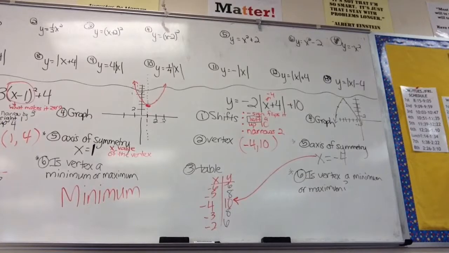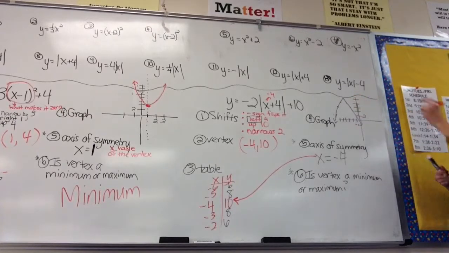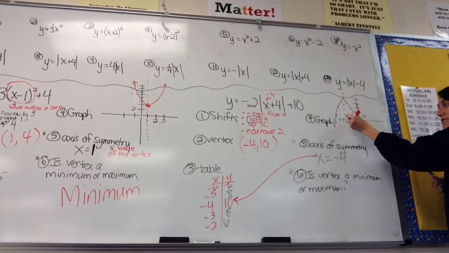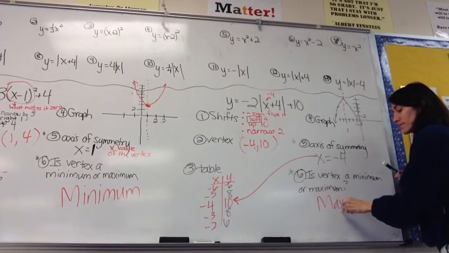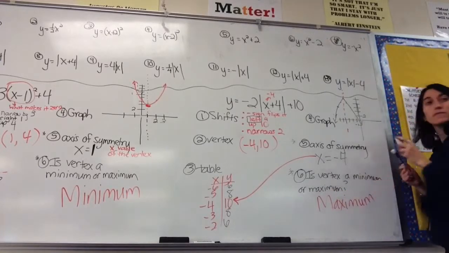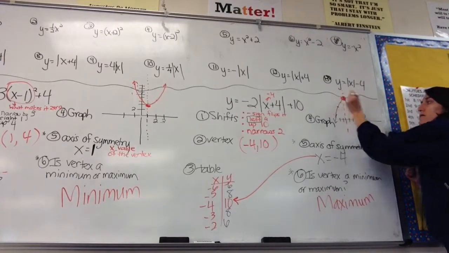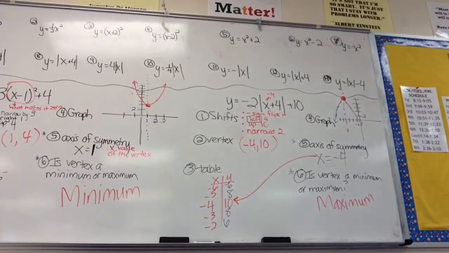You look at your graph and find the vertex. Is our vertex a minimum or a maximum, Catherine? How did you know? It's at the highest point of the graph. Good, it's at the highest point of the graph.